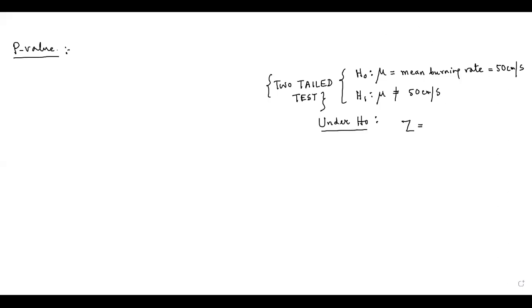But if a person is studying, he might have asked me, sir, you told us that when n is greater than 30, then your sample is a large sample, and when it is less than or equal to 30, then it is a small sample.